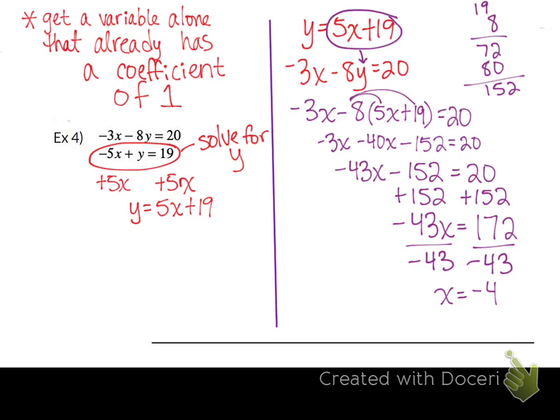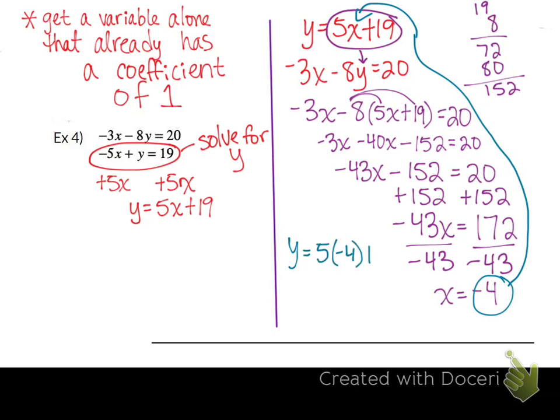No, we're not. We found x. We still need to find y. So we're going to take that number for x, pull it all the way back up to the top here, and plug it in. When we do that, we would have y equals 5 times negative 4 plus 19. 5 times negative 4, negative 20 plus 19, negative 1.